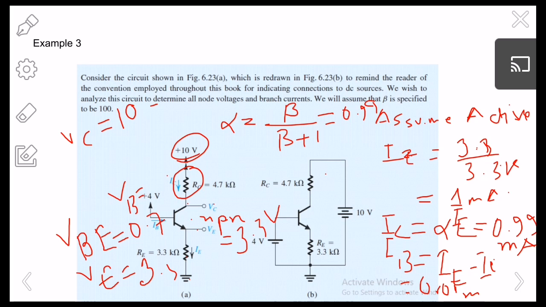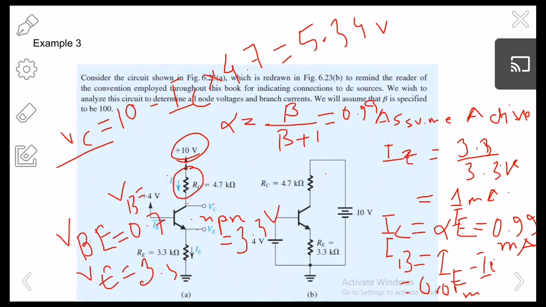IC is 0.99 milliamps, so 0.99 times 4.7, so it's 5.34 volts. Okay, so I have found the values of all the nodes.